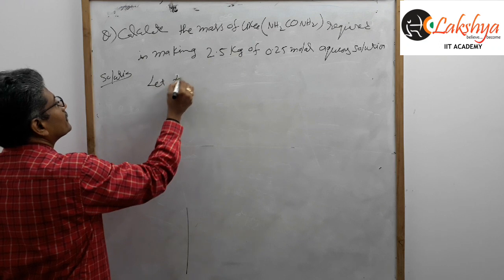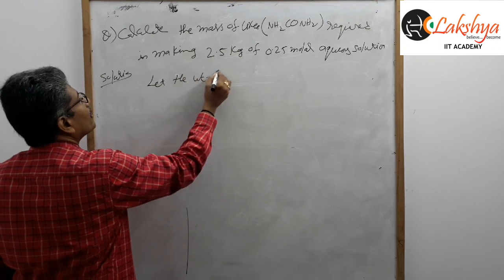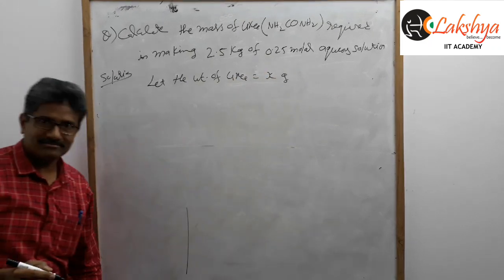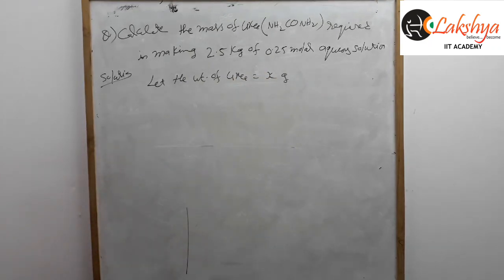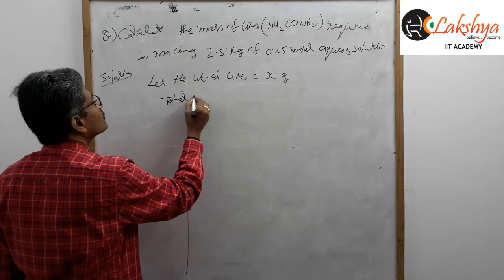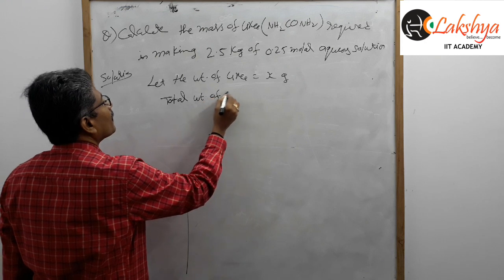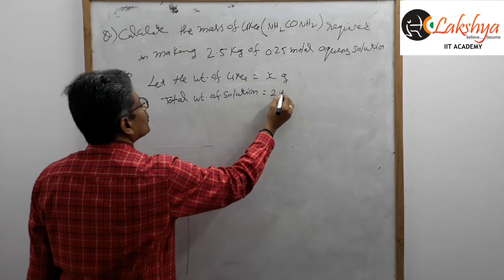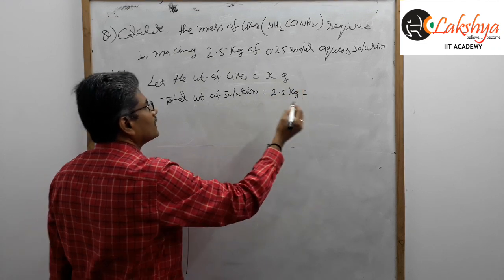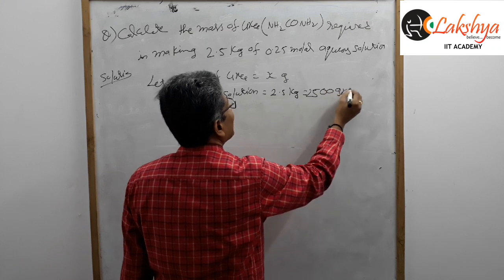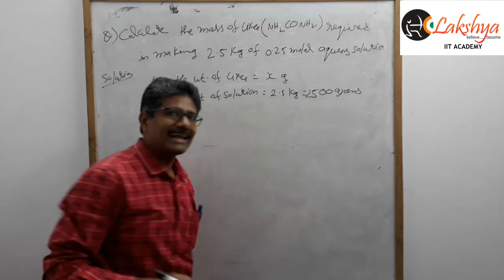Let the weight of urea be x grams. Total weight of solution is equal to 2.5 kilograms, nothing but 2500 grams. Why we take grams here?